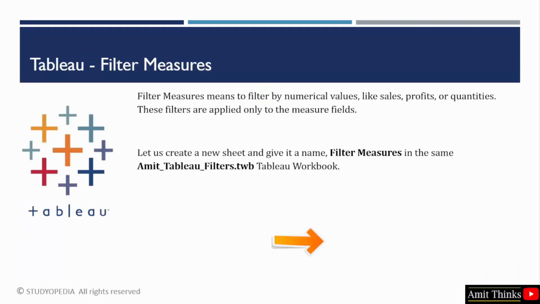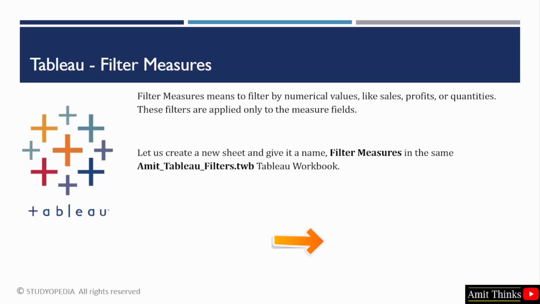So filter measures, as the name suggests, is used to filter measures in Tableau. So whenever you load your data, on the left you can see the bifurcations of dimensions and measures we already saw in the previous lectures. Such kind of filters can only be applied on measure fields, like we have sum of sales and sum of profits in our sample store data.